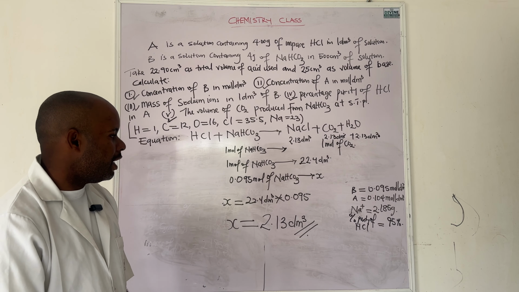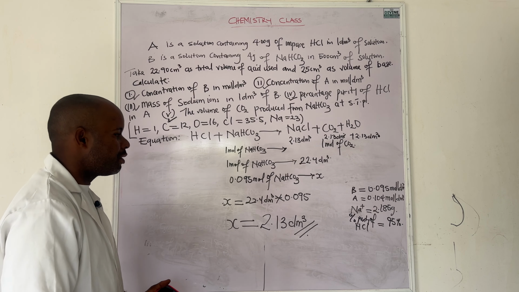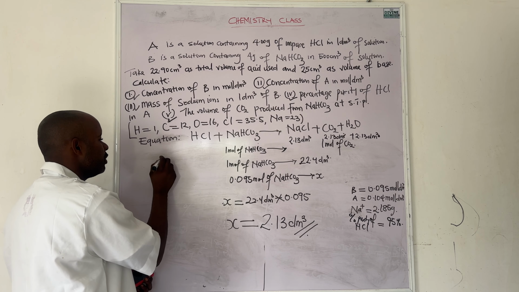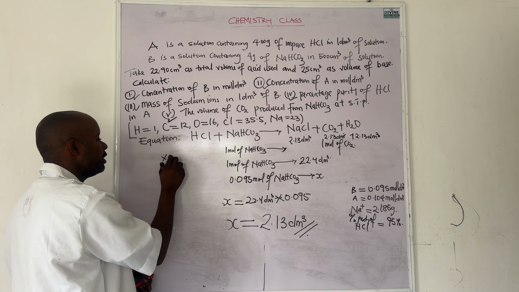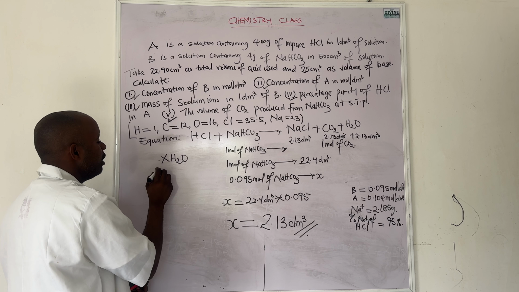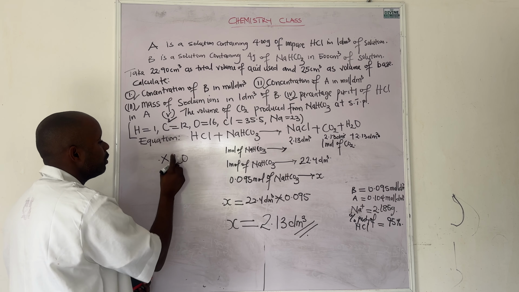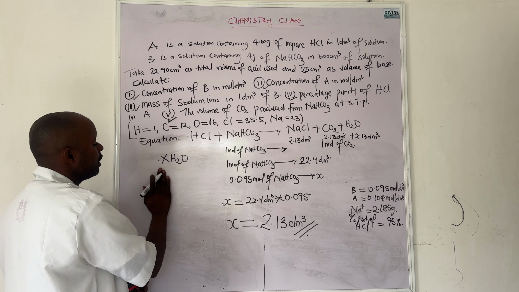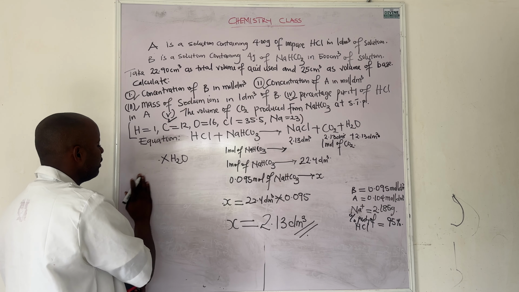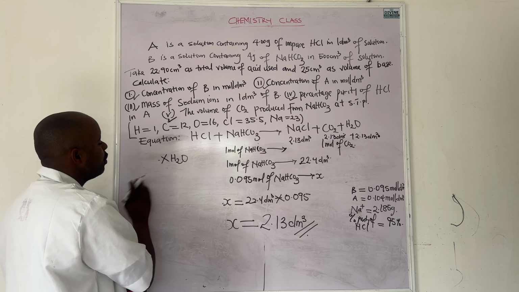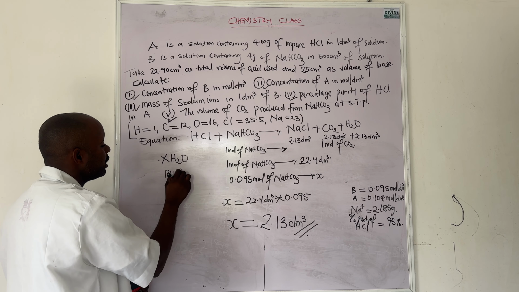So in this aspect, through this series of practical theory practice questions, we have been able to bring out questions that can solve for water of crystallization. We are able to solve for S if we have, let's say, HCl and sodium hydrogen trioxocarbonate. You can look for this S as well. So we have solved for purity, percentage purity.